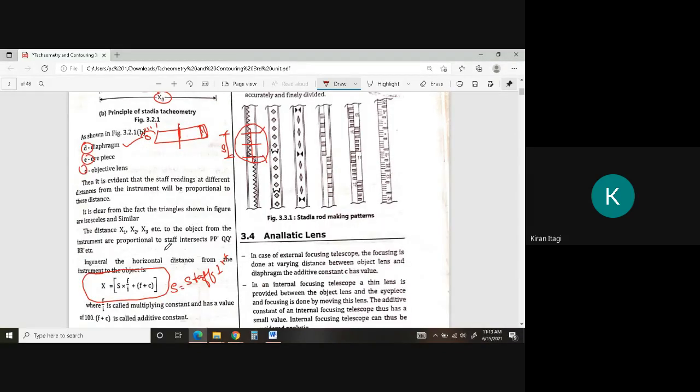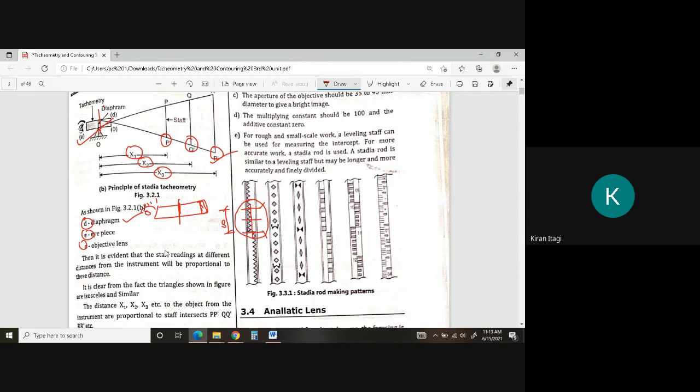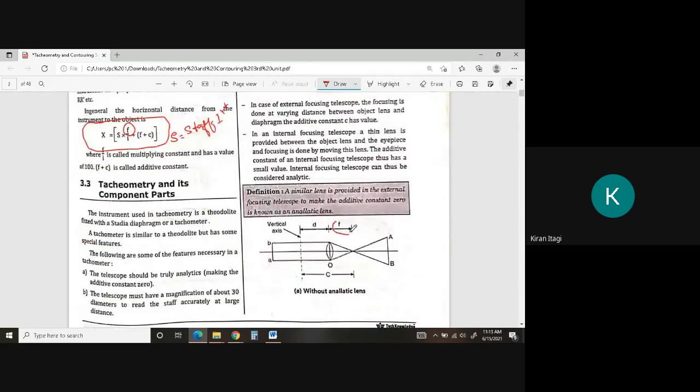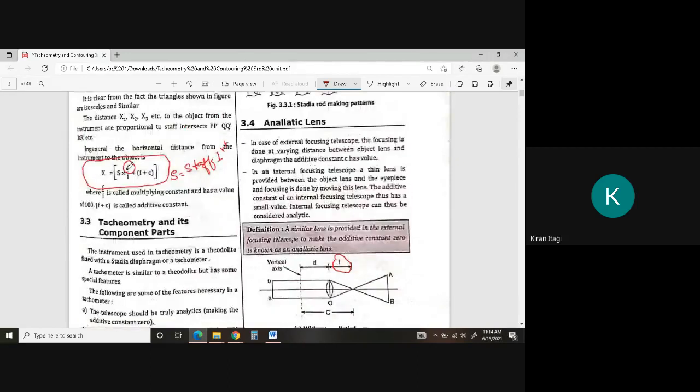Next we have f. You have already learned in physics that f is the focal length of the objective. Then we have i. i is the stadia hair interval.